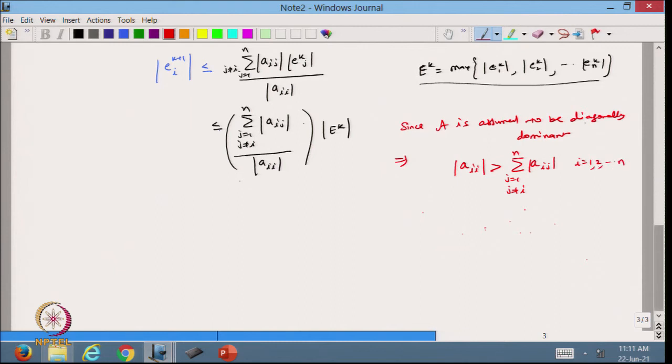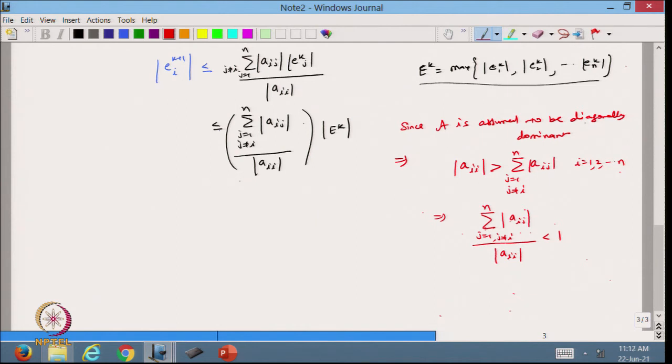So, this is the definition of a diagonally dominant matrix. So, from here I can write the summation j from 1 to n, j not equal to i, of |a_ij| divided by |a_ii|. So, it will be less than 1 for all i.